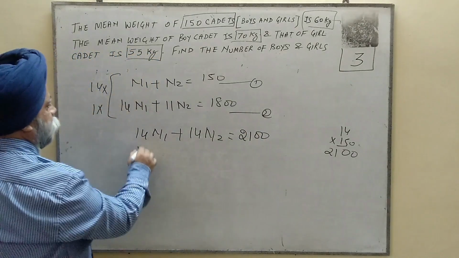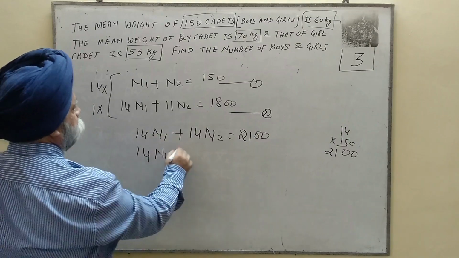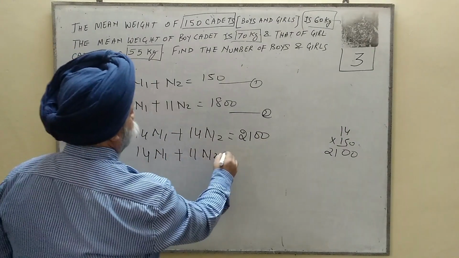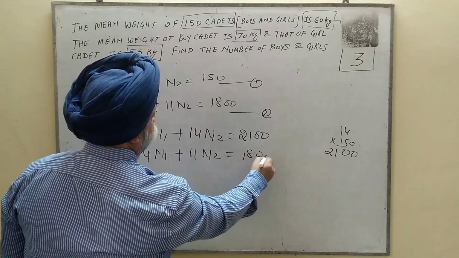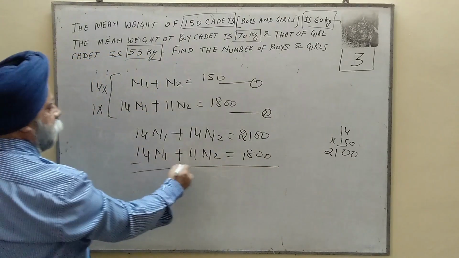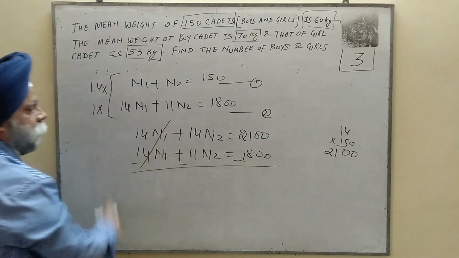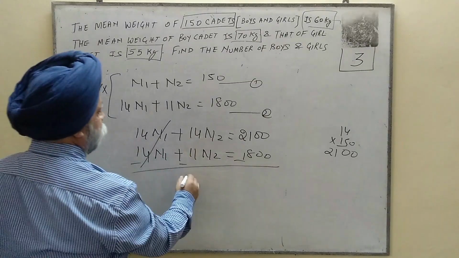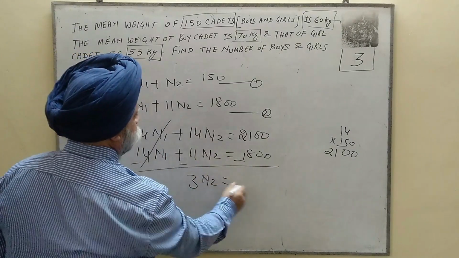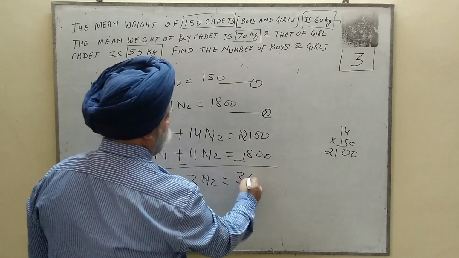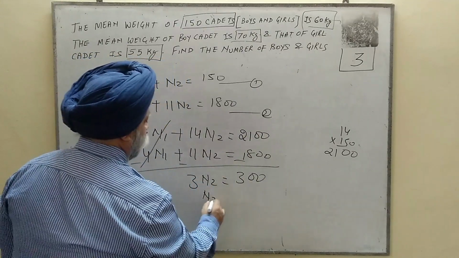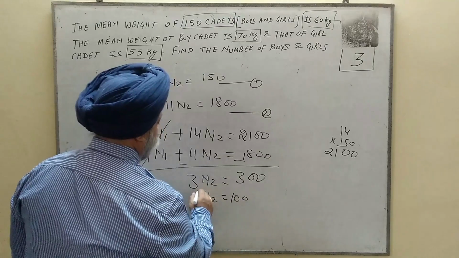And second equation is 14 N1 plus 11 N2 is equal to 1800. Solve कर लीजिए, minus minus minus, this will cancel out. 14 minus 11 is 3 N2 is equal to 300. And N2 will be equal to 100.